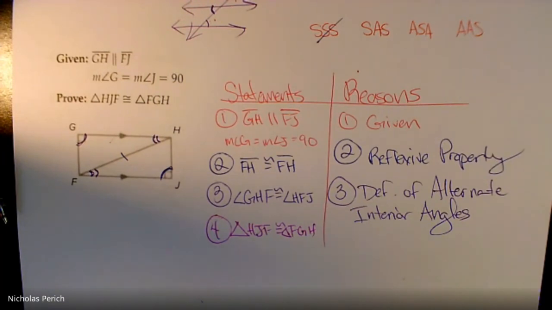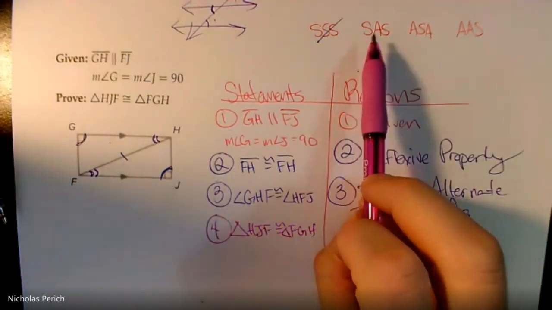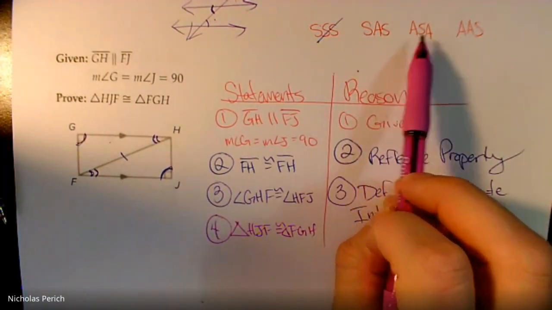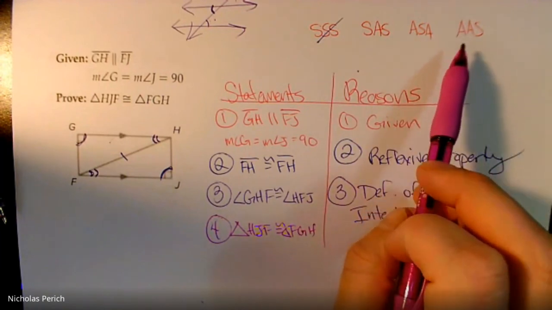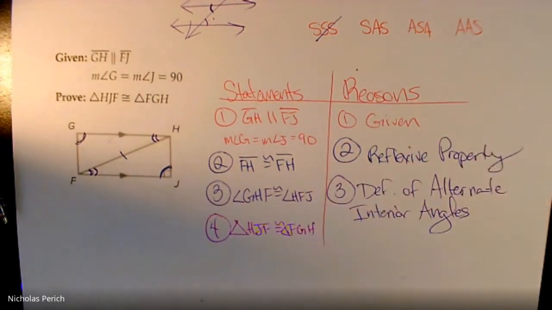All right. Which one of these guys can I use? Remember, this means side with an angle in between, 2 angles with a side in between, and 2 angles where the side is not in between the 2 angles. It's not ASA, sweeties. You're on the right track, but the wrong one. AAS.